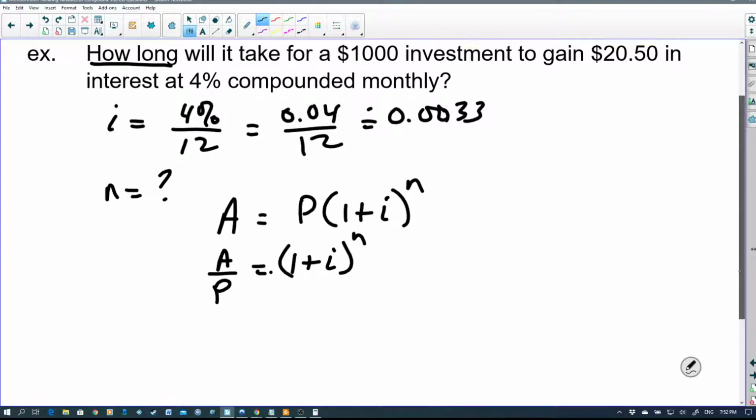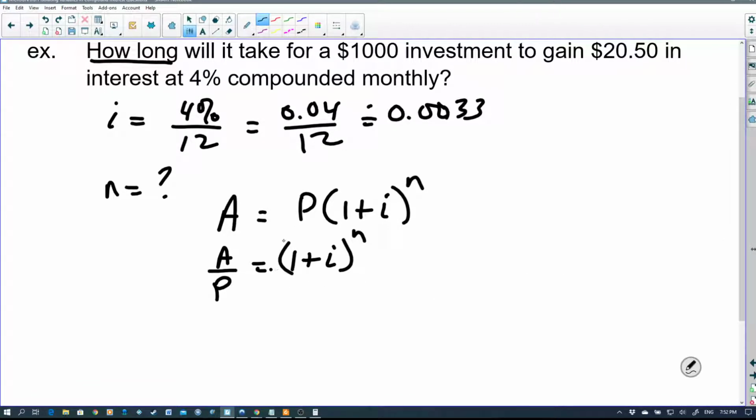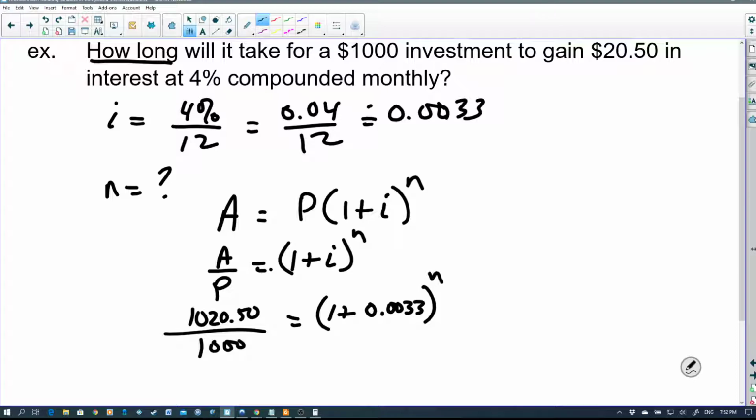But now it'll actually make a little bit more sense if I start putting the numbers in. So our final amount was 1020.50. Our original amount was 1000. Our i is 0.0033 to the power of n. Now to save some space, I'm just going to write over here. So this is an easy division to do. We can do this one in our head, right?